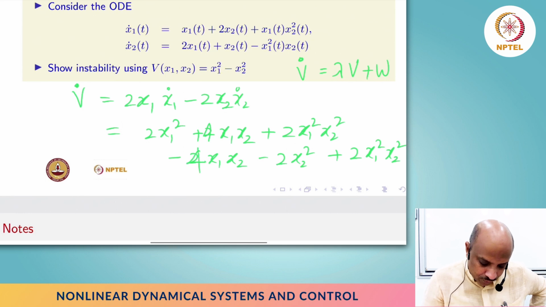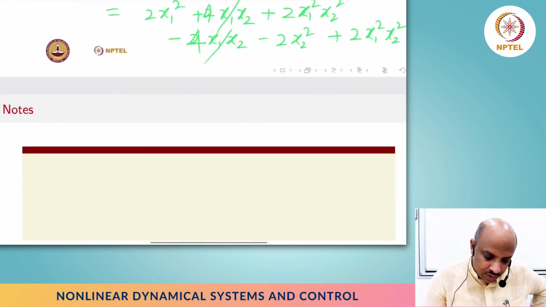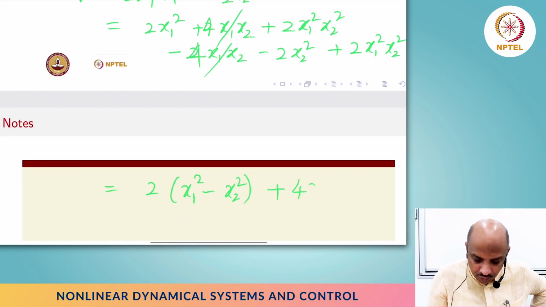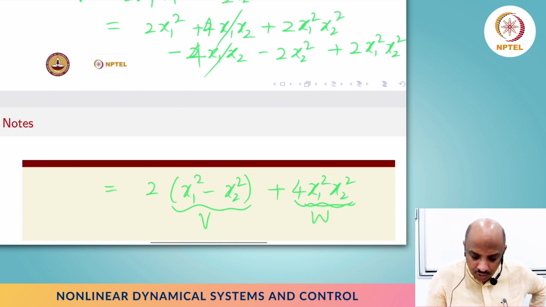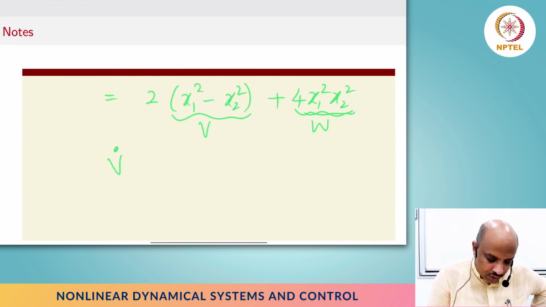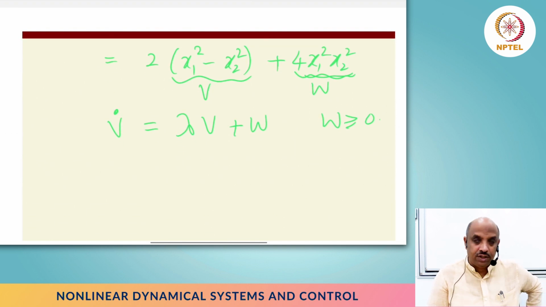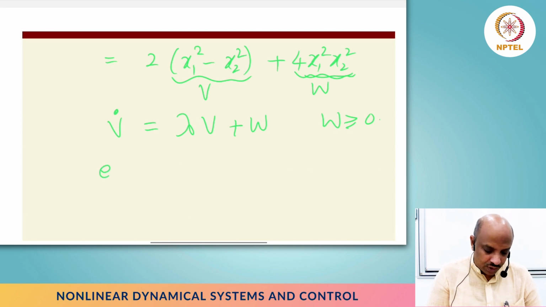Sorry, this is going to be 4. Yeah, so this one cancels with this. So I will end up with something like 2 times (x1 square minus x2 square) plus 4x1 square x2 square, right? So this is your V, and this entire thing can be called W. So we get V dot equal to lambda V plus W, where W is greater than or equal to 0, right? We have the theorem, but it's nice to see how this works out.